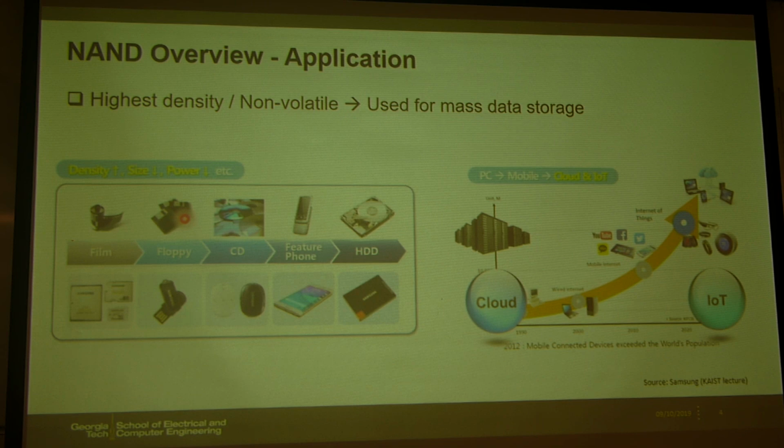In this left figure, around 10 or 20 years ago, you could see film or floppy disk, CD, feature phone, or HDD. But all of these storage devices have been replaced by NAND Flash. So now micro SD, USB, and the storage in smartphones are also NAND Flash.